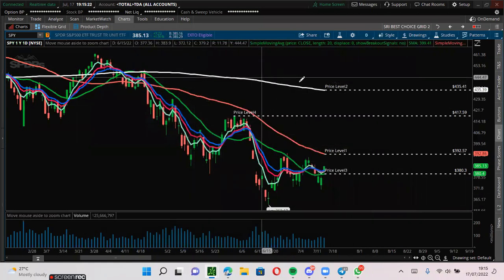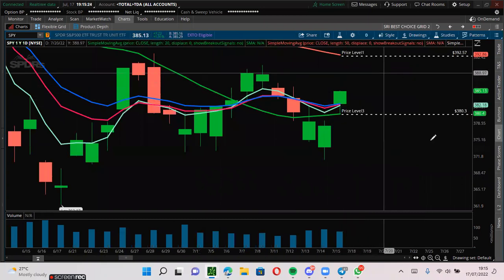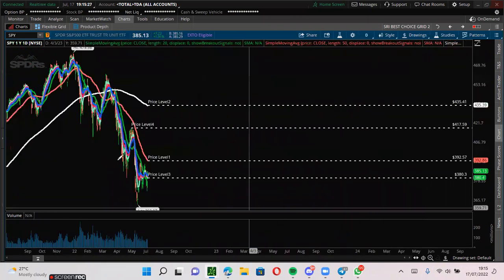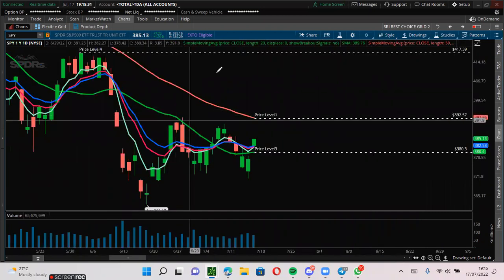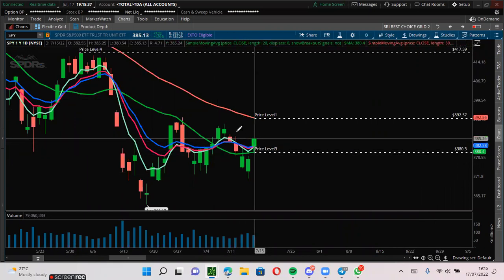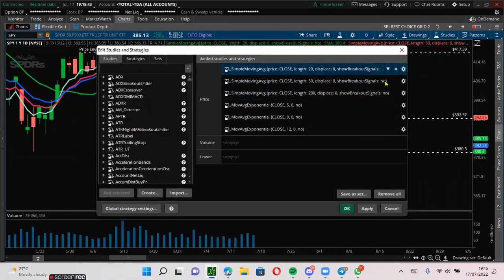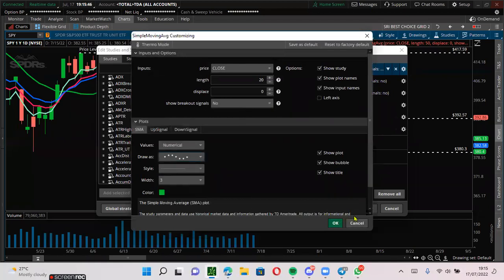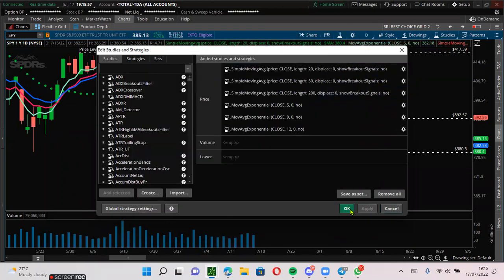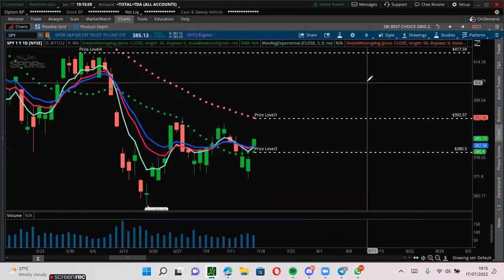I'll just repeat one more time. If this confuses you, I will change the simple moving averages to dotted ones so that you don't get too much clutter. I think this would be much better.